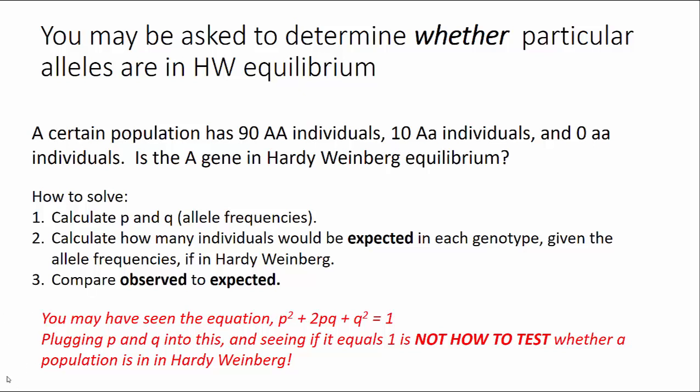One thing I'll just point out, a mistake that I see students doing a lot is to approach this problem first solving for P and Q and then asking whether this formula can add to 1. And I just want to highlight that this is not the correct approach to determining whether the population is in Hardy-Weinberg equilibrium. You need to compare the observed and the expected.